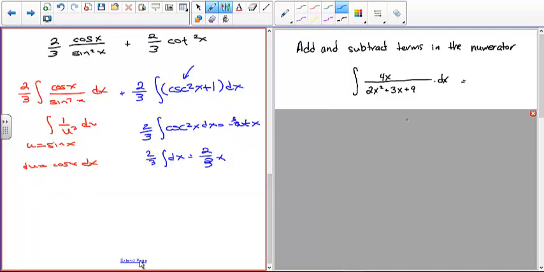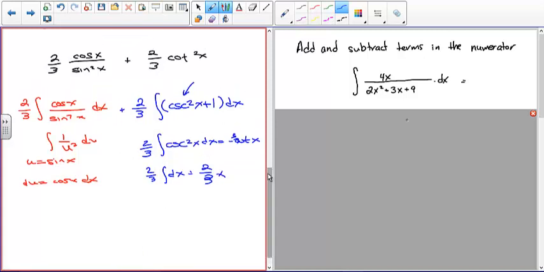So that's how you would do it. It's a trig identity within a trig identity. But ultimately, I was able to get it into things that I do know how to integrate, here using u substitution.